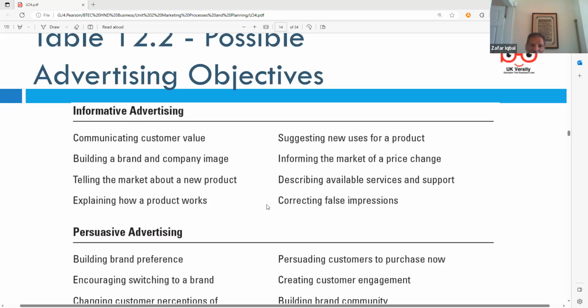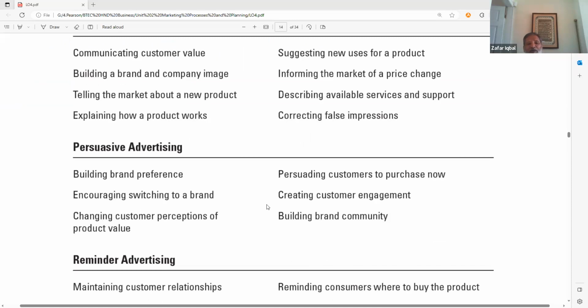Okay, and persuading is when you want to persuade people to buy, when you encourage them to buy this product. This product is good for you. You switch over from another product and buy this one instead.